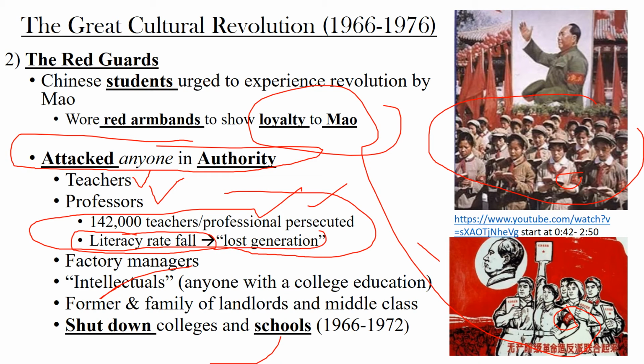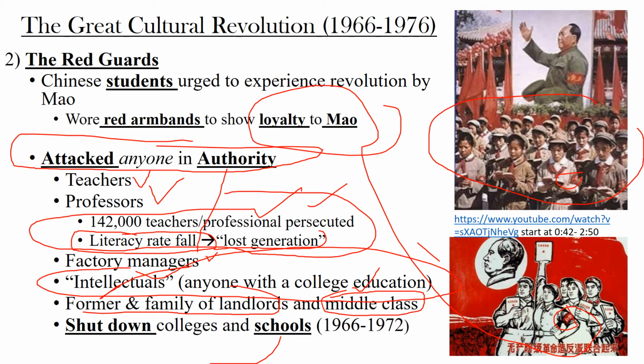Factory managers, because they managed a factory, they're in authority, they are purged. Intellectuals, anyone with a college education, sometimes just anyone with glasses. The former and family of landlords and the middle class. So if you had been a middle class person before the Communist Revolution, like in the 1940s, they come after you.